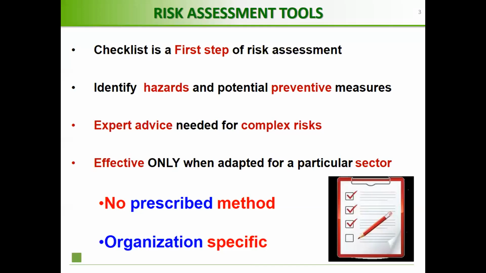So you must do the one that is tailor-made for your workplace. There is no prescribed method, as long as you ensure that you put all important elements which have been mentioned on the previous slide on your risk assessment tool. Unless there's also other extra information that you may need for your setting, then you can just add on to the checklist. So it must be organization specific.